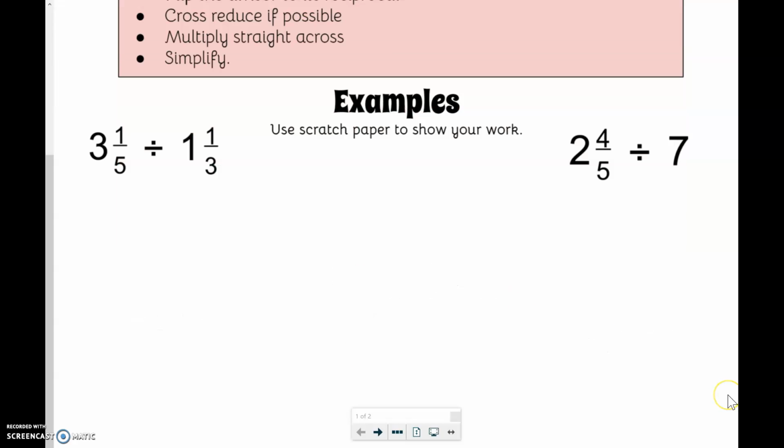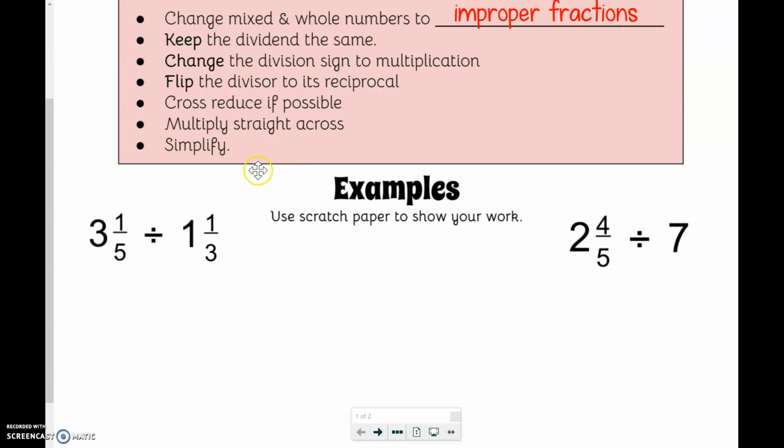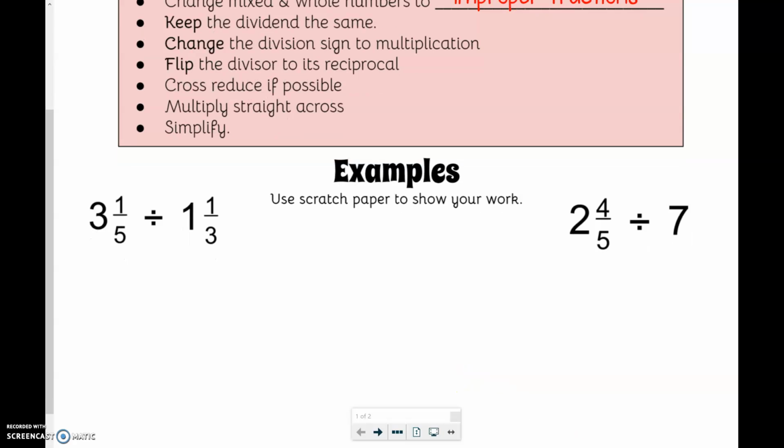Okay, so let's look at this first one. We're going to do our first step of changing those mixed numbers into improper fractions first. So remember to do that. We multiply our denominator by the whole number, and then we add in the numerator to get what our new numerator is. So we got 5 times 3 is 15 plus 1 is 16, and our denominator stays the same.